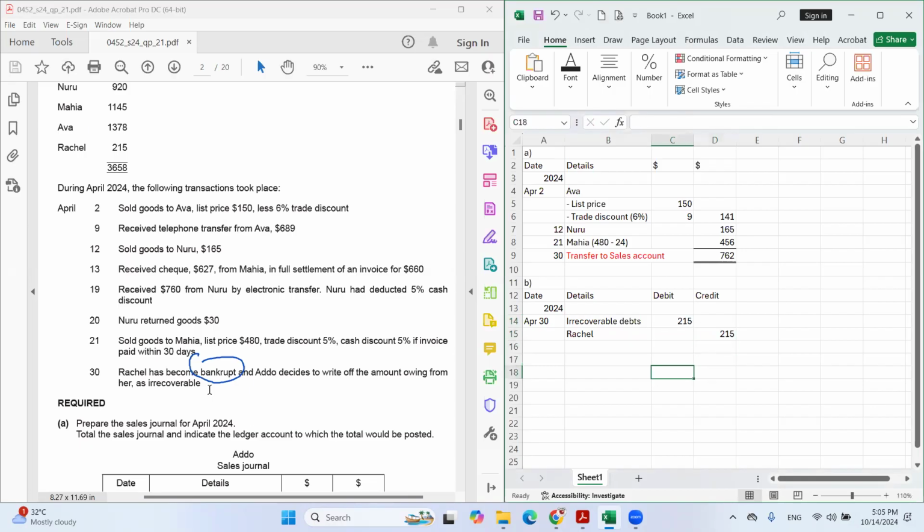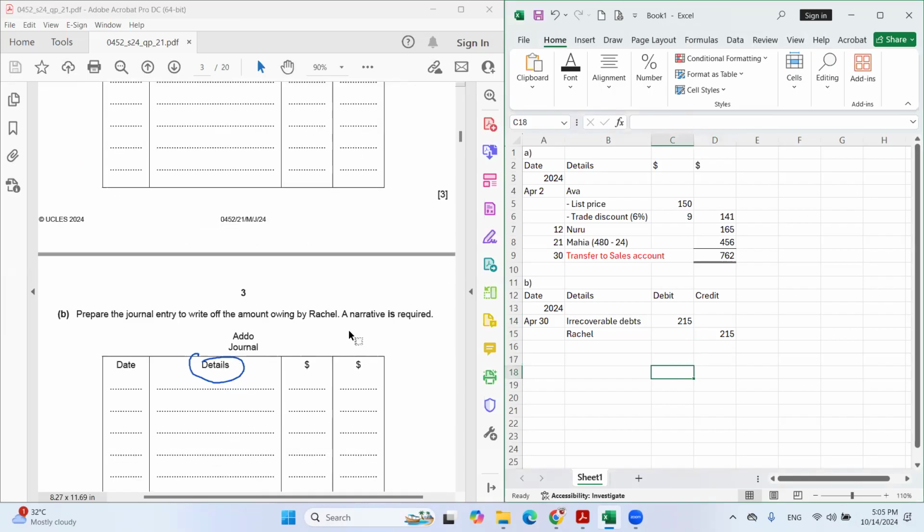Okay. Now, next they say that a narrative is required. If you don't have an idea what to do, you just copy from the question. You see they say to write off the amount owing by Rachel. You follow it, put in write off of the amount owing by Rachel.